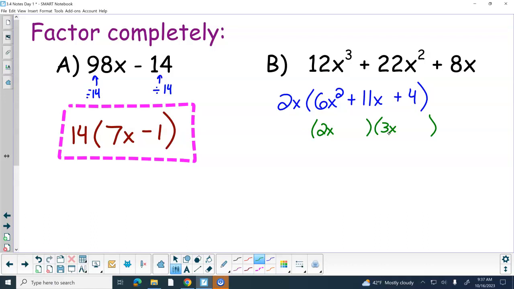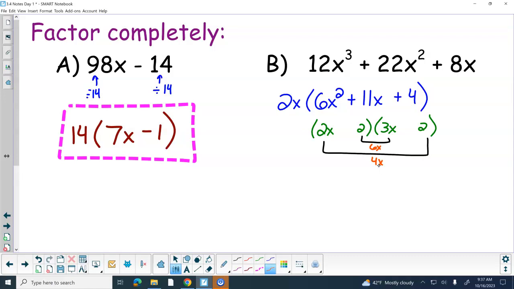Let's go 2 and 2. If I do 2 and 2, I get 6x and 4x, either both positive or both negative. Doesn't make 11, so that's not going to work.